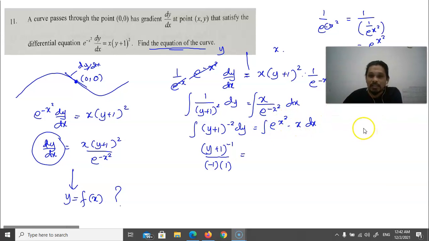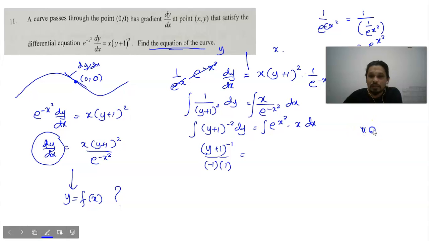Let's say we come up with a substitution of u equal to x squared, so then du equal to 2x dx.